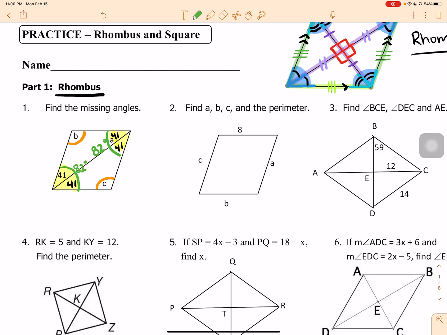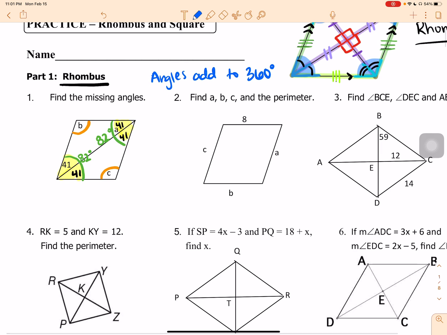So one thing we know is that the angle measurements inside of a four-sided polygon add to 360. A triangle adds to 180, a quadrilateral adds to 360. So here we can find B and C. You could have looked at them as individual triangles and added them up to 180. But you could also take the 82 plus 82, so we get 164.